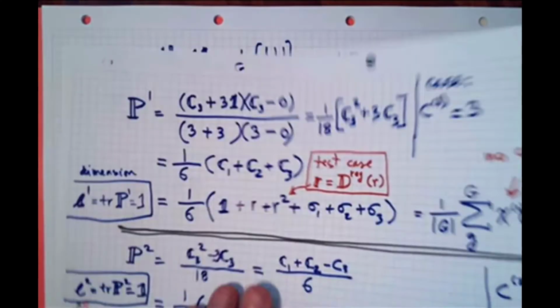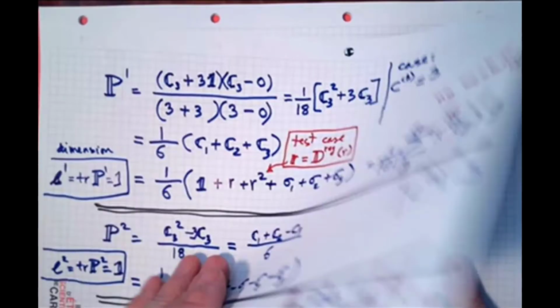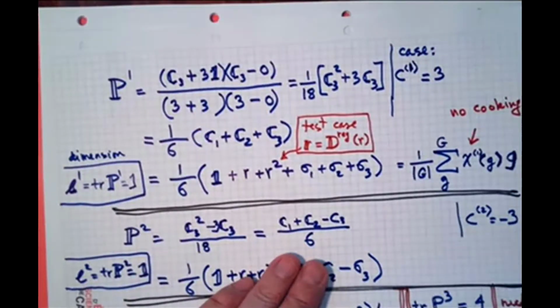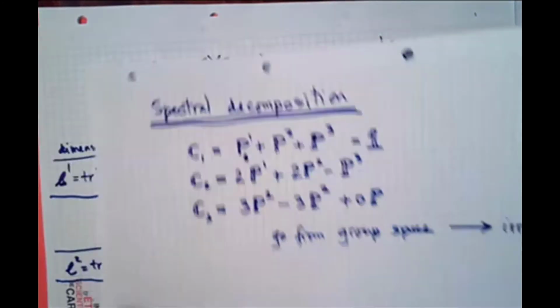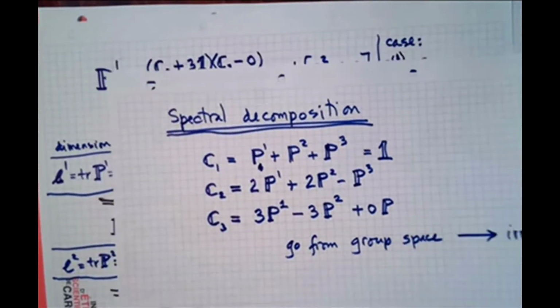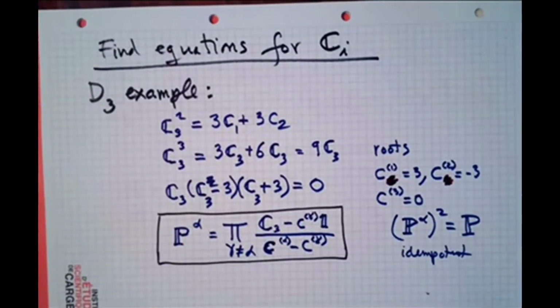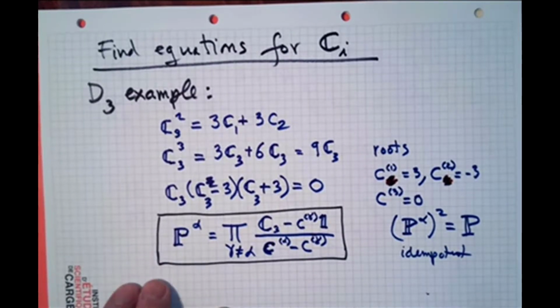When we're doing the D3 case, we had 2 equations, and you can derive them: C3 satisfies its own Hamilton-Cayley equation, which is this one, and C2 similarly satisfies an equation.